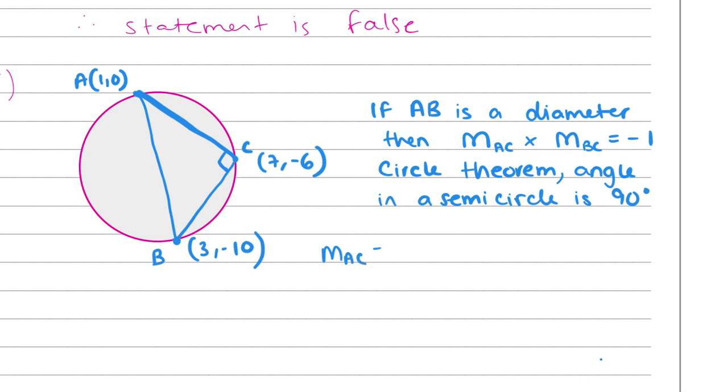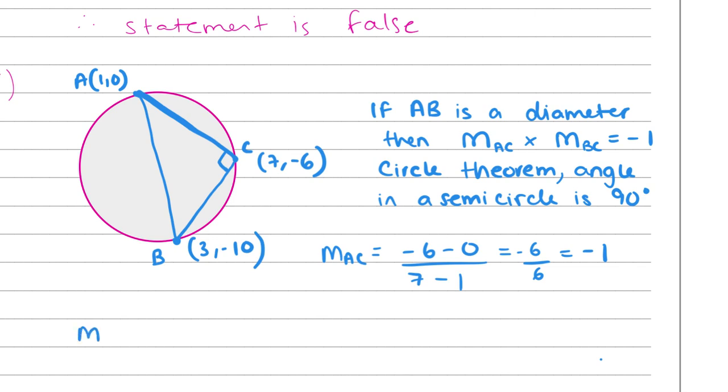So what is the gradient of A and C? We're going to do minus 6 minus 0 over 7 minus 1. So I'm going to get negative 6 over 6, which is negative 1.